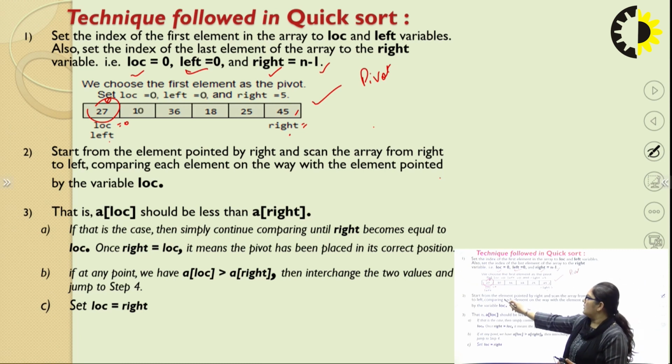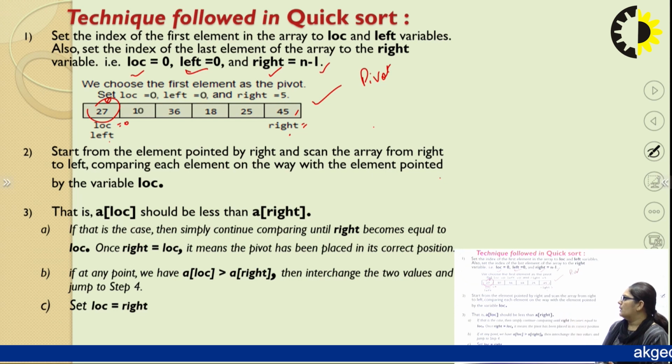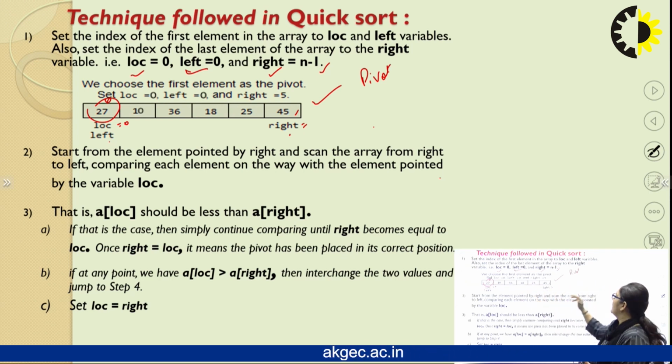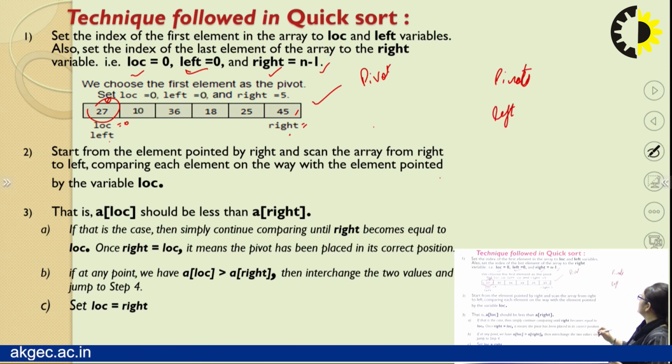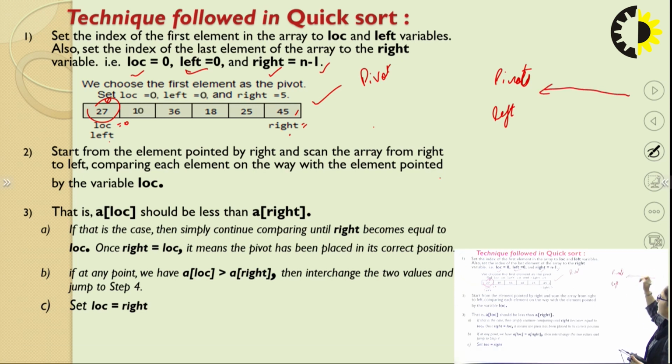After initializing the variables LOC, left and right, we start from the element pointed to by right and scan the array from right to left, comparing each element on the way with the element pointed to by the variable LOC. One thing you have to remember in quicksort is that you always have to move towards the pivot element. If the pivot is at the left position, then you have to scan the array elements from right to left.